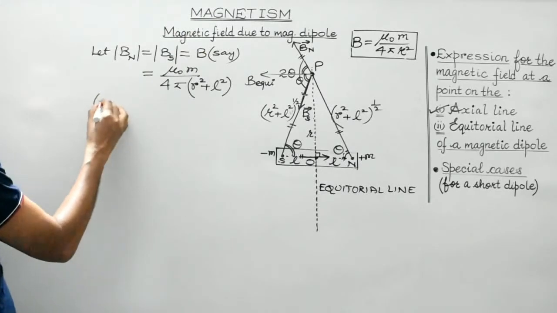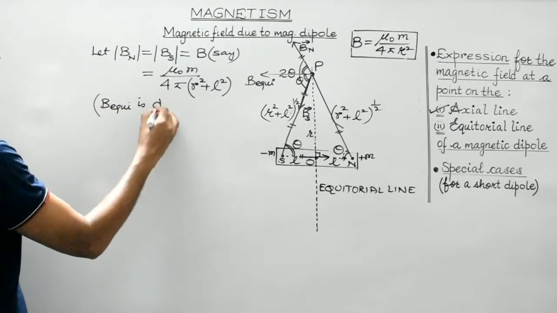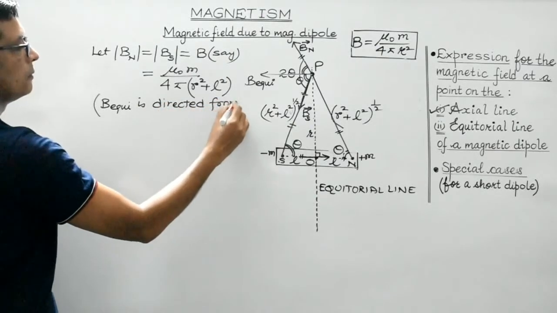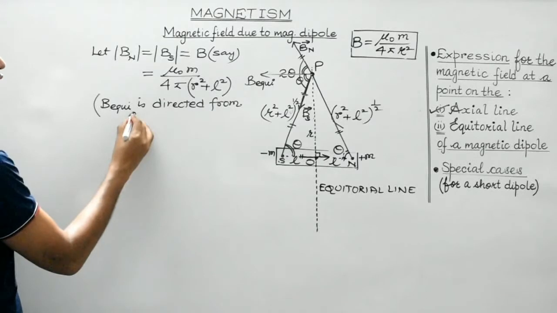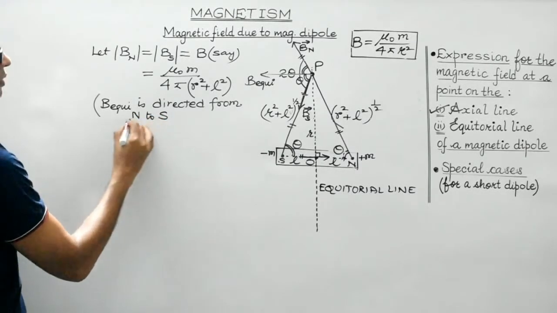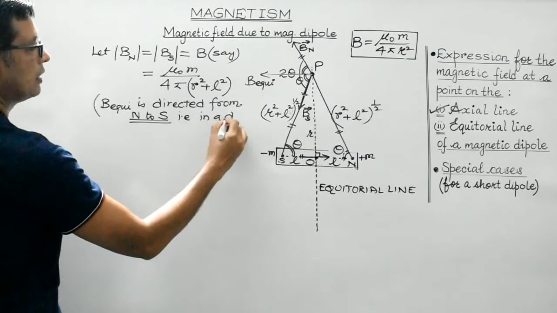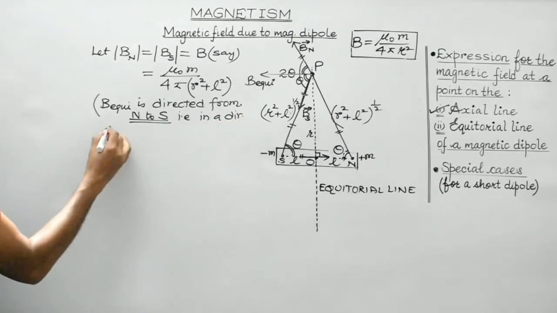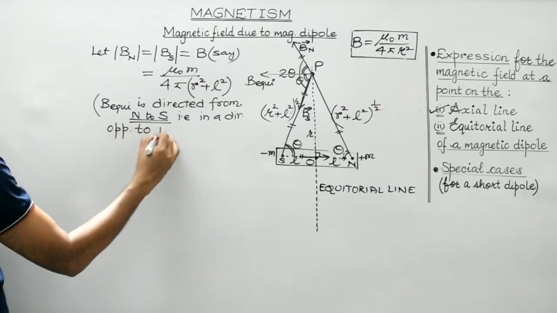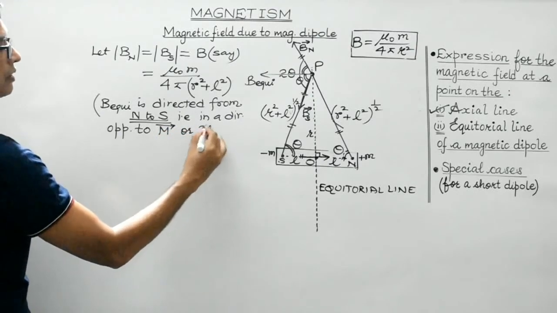So, B equatorial is directed from north to south, that is in a direction opposite to M vector or 2L vector.